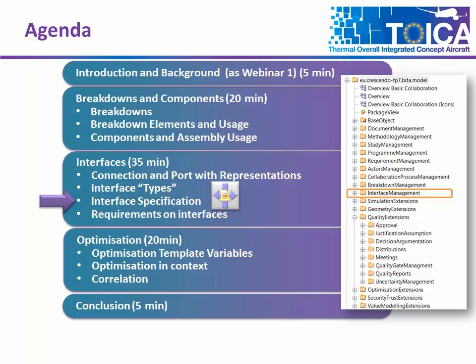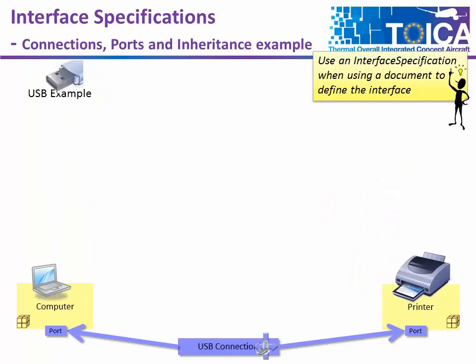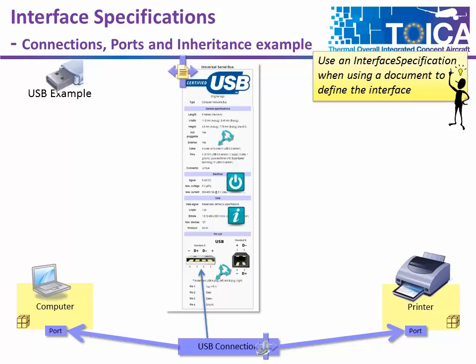Now we'll get on to the interface specifications. Using the earlier USB example, as you can see, properties can be added to connections and ports. An alternative is to use an interface specification.